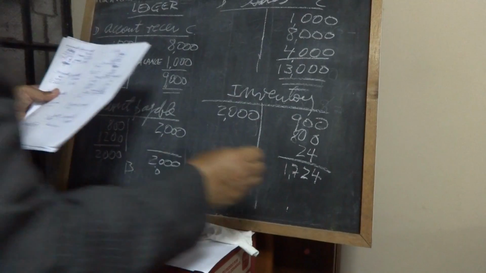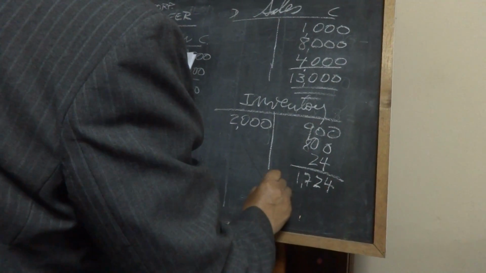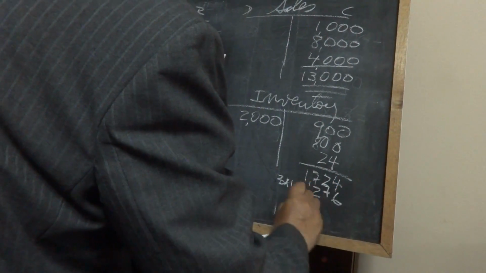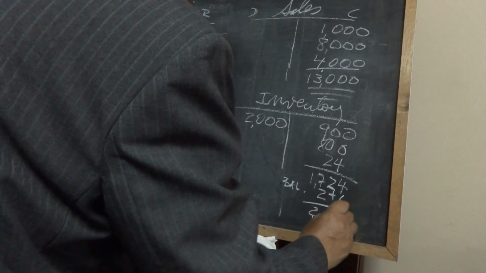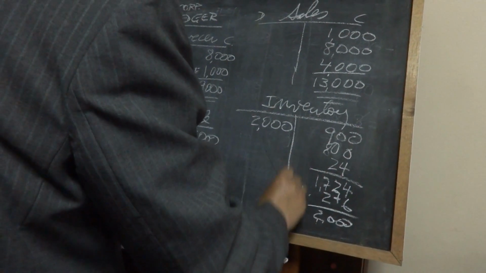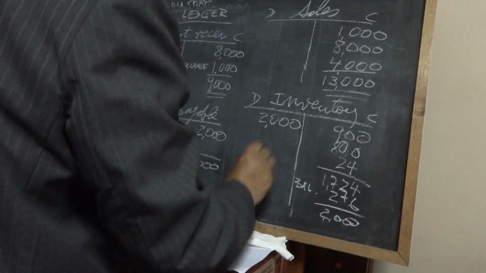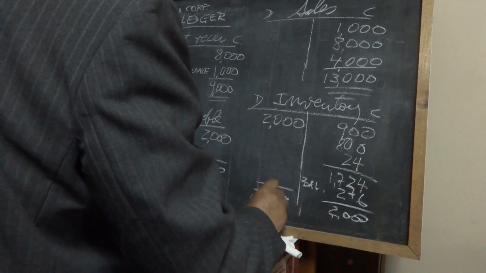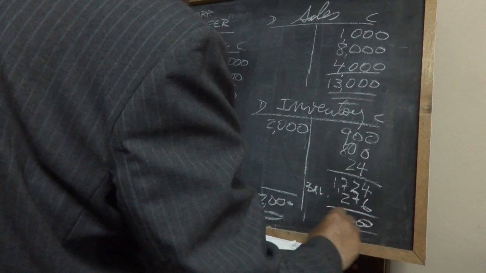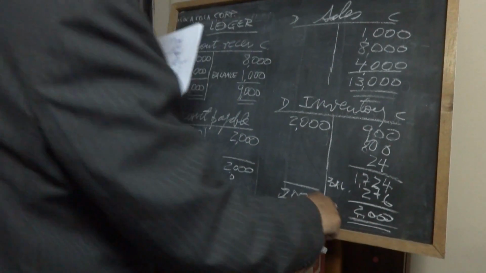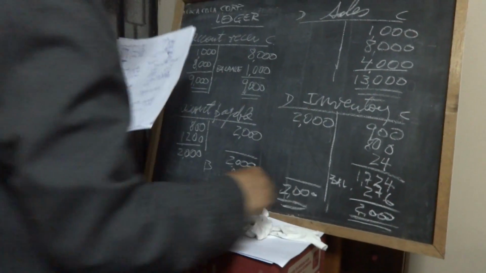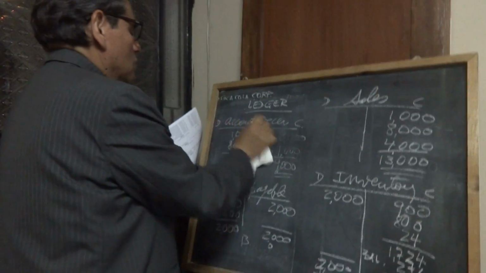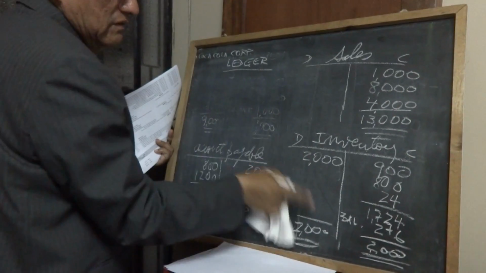The balance is $2,076. On credit and on debit, $2,000. Here this balance is zero. So this account is square.